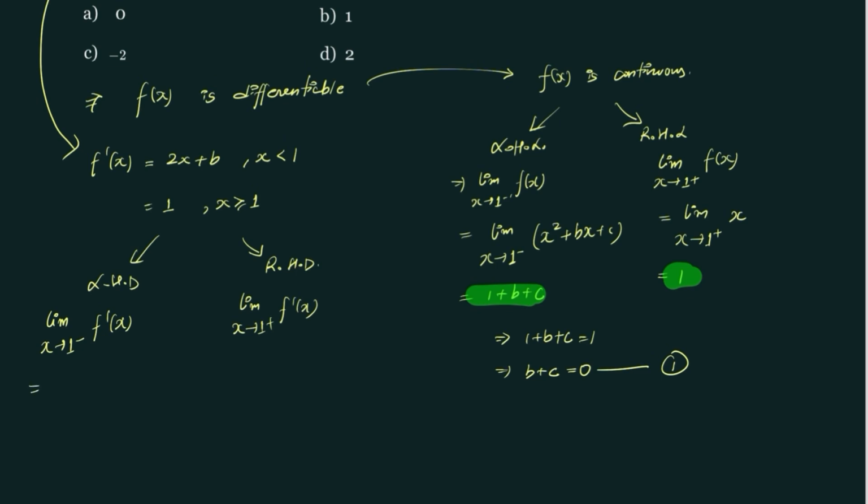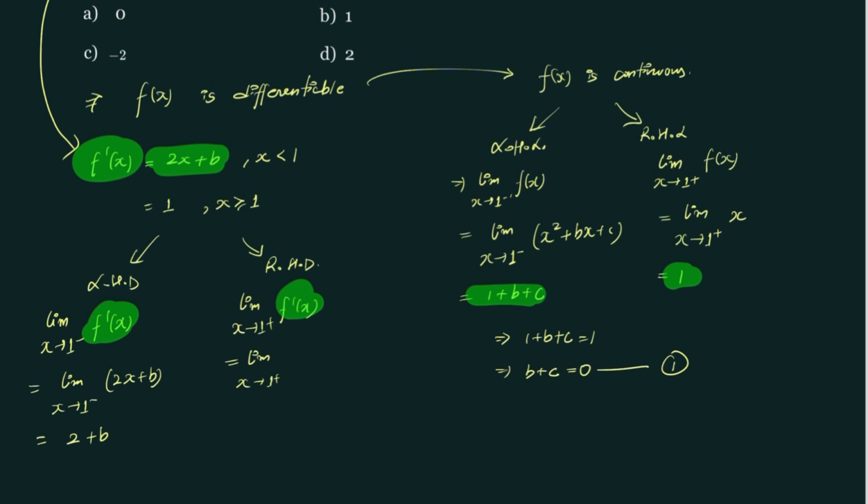Here, for the left hand side, the function is 2x plus b, because this is the value of f dash x. Putting the value of x as 1, it will be 2 plus b. My right hand derivative, as x tends to 1 plus, the function f dash x is 1 when I approach 1 from the right hand side, and the value is 1.